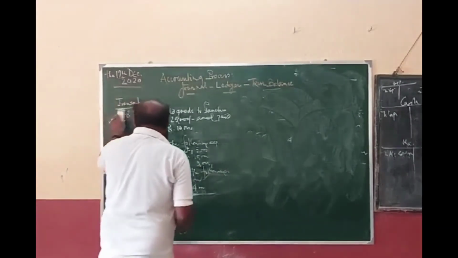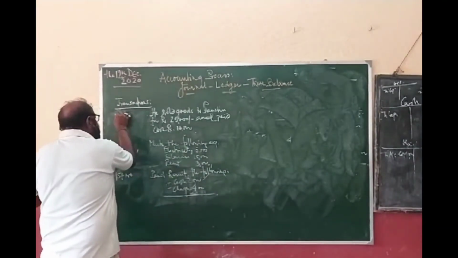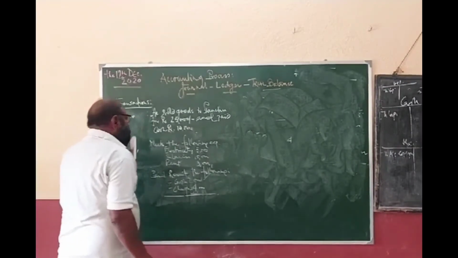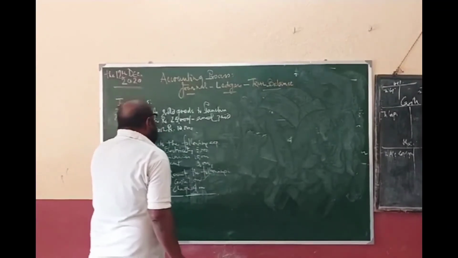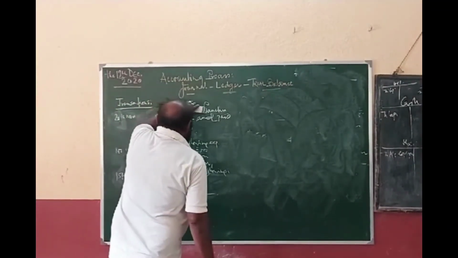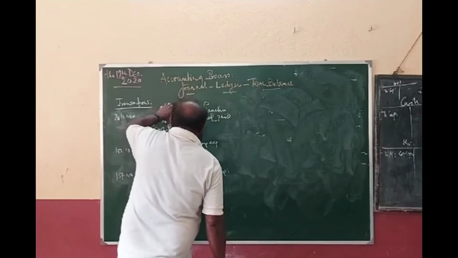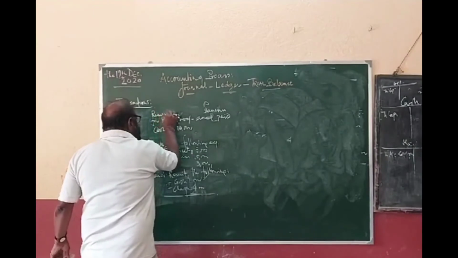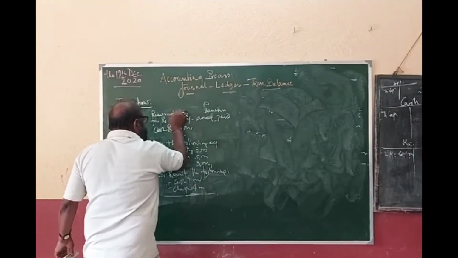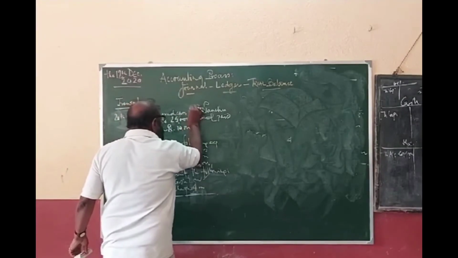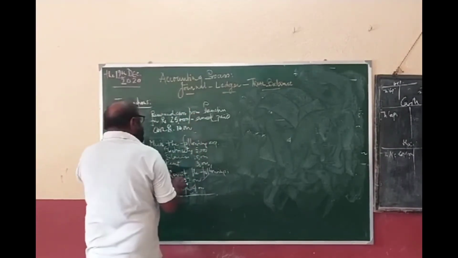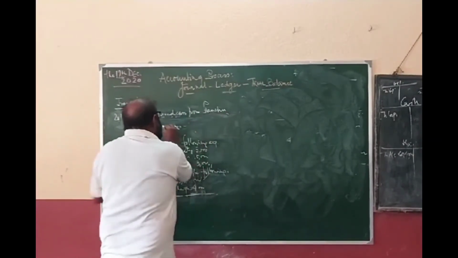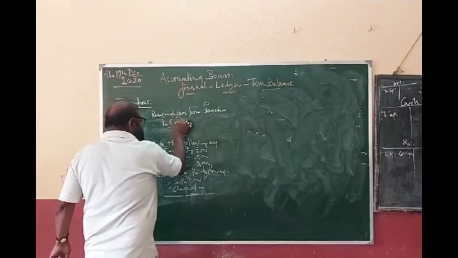Sold goods to Pachuna on 20th November. Received cash from Pachu rupees 8,000.